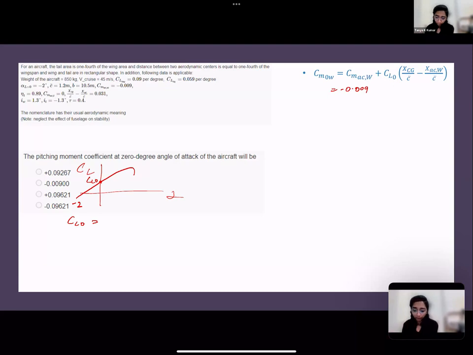That's how you do it, right? So it's just 2 into Cl alpha of the wing, that is 2 into 0.09, which is 0.18. So plug that in here, 0.18. X bar CG minus X bar AC, they've given you in the question. It's 0.031. How much is this value? Just do it.